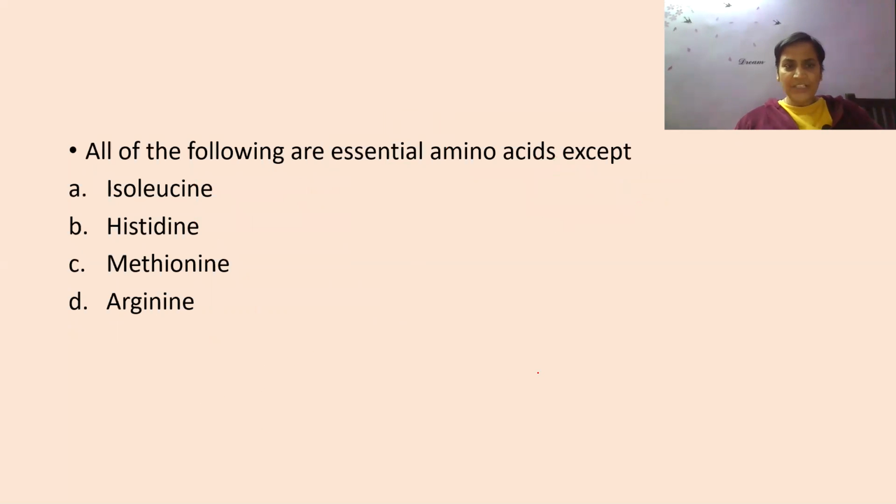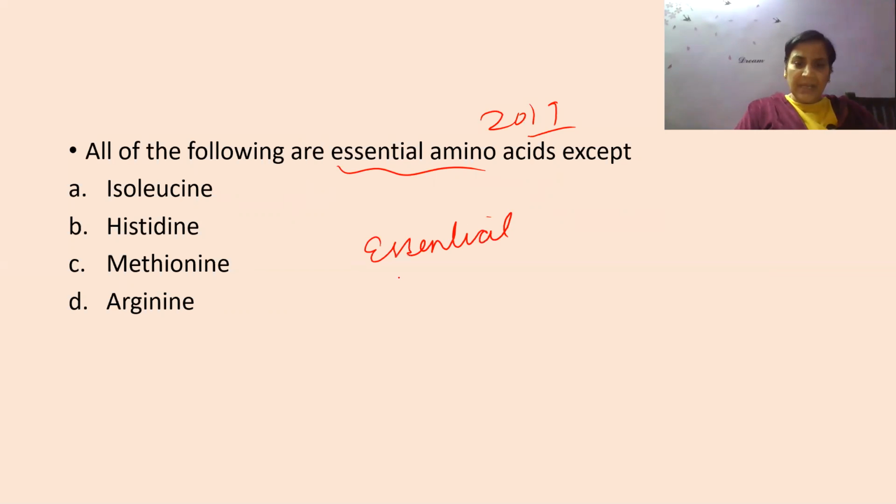Moving on to the next question. This question was again asked in 2019. All of the following are essential amino acids except. Now, the concept of essential amino acids is that they are the ones which cannot be synthesized. They have to be provided from outside, from the diet. Then there are semi-essential ones. Okay, if we see semi-essential, arginine and histidine are there.